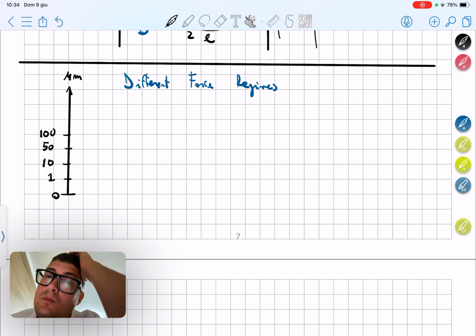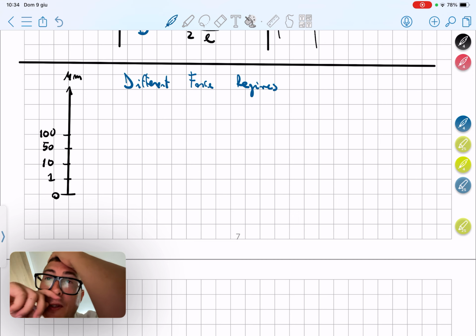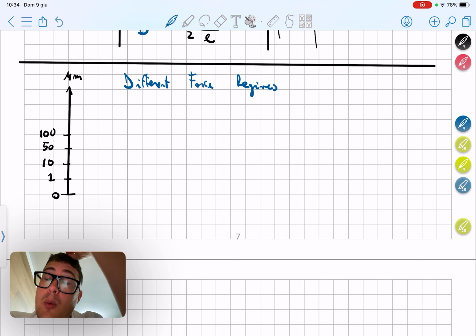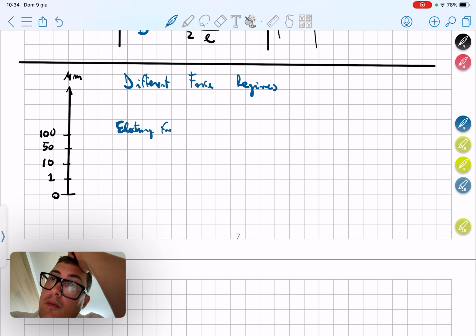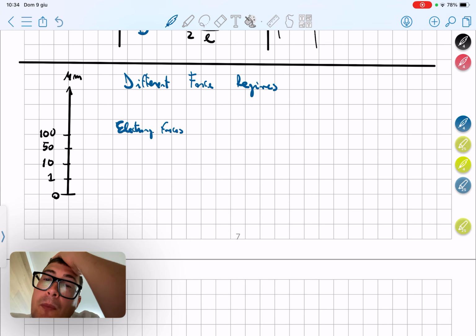But the point is that if the cantilever and the tip is far away from the sample, there are no forces. If the distance is shorter, when it's approaching, there are forces which are electromagnetic in nature.